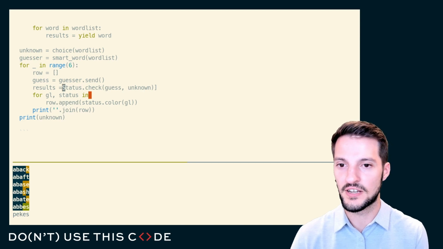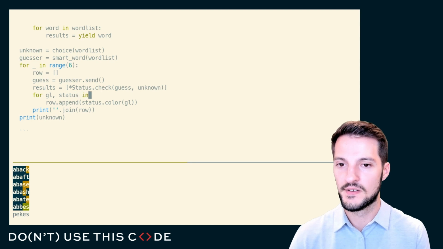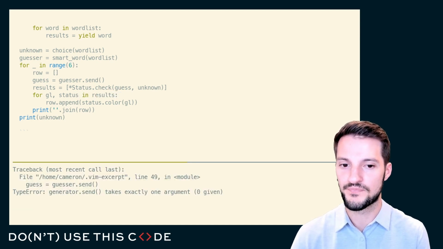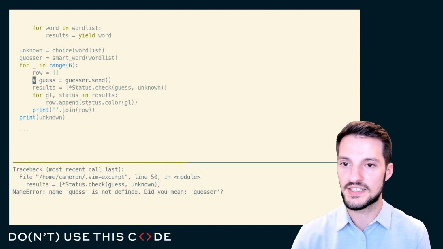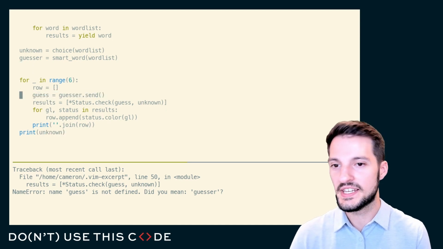And this is where having that flexibility is handy, since my check was a generator. If I want to keep everything else the same, I can just iterate over the results instead of performing a check again. And this works perfectly. Okay, I don't have any guess. Okay, great.